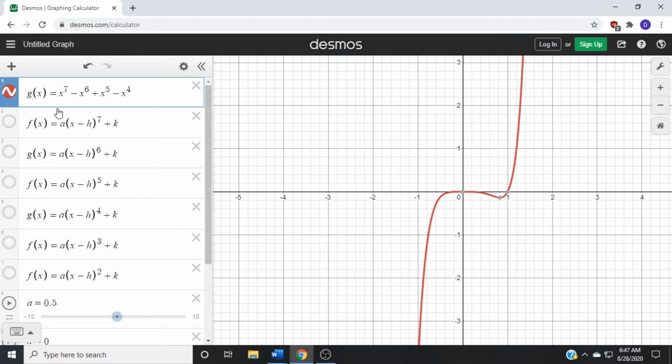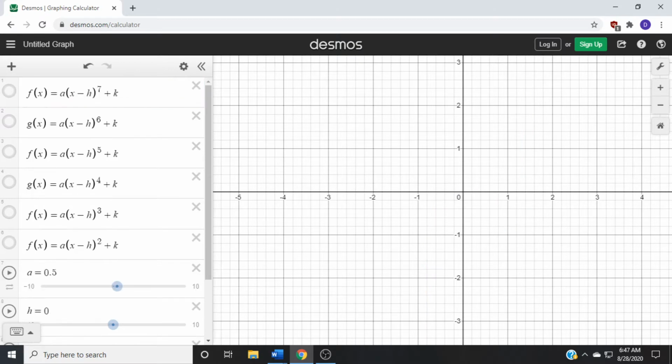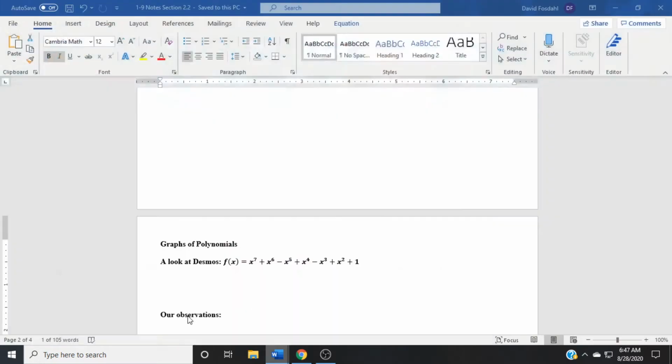So notice that there is definitely smooth curves, even if we have some strange variation. This is still smooth, even if it has some strange variation. So we're going to discuss the notes, and let's fill them in.